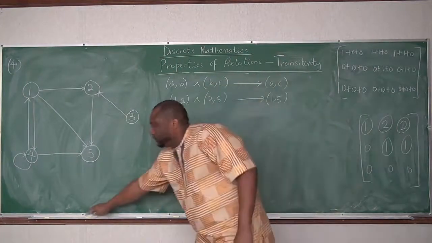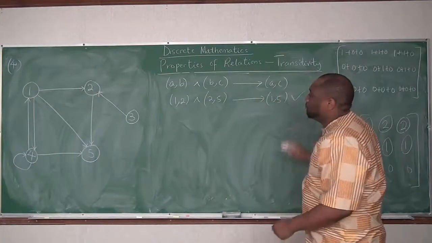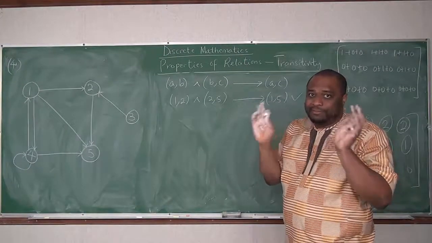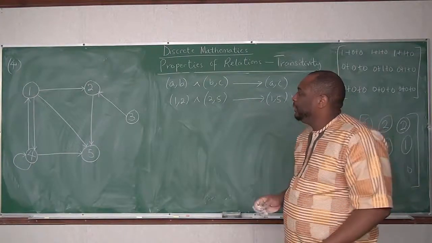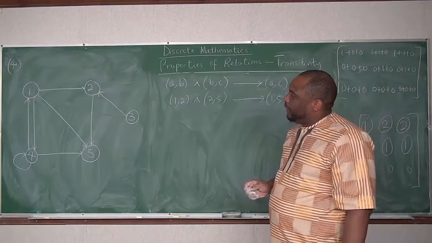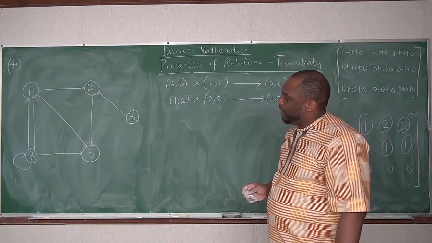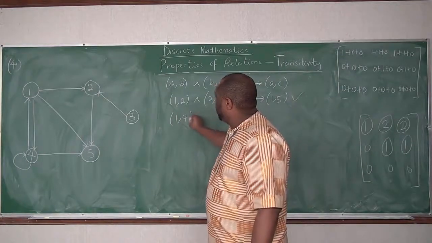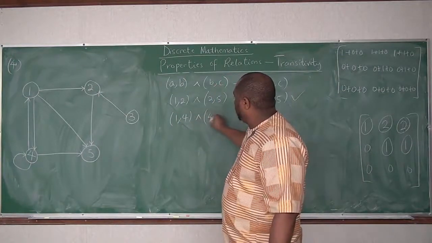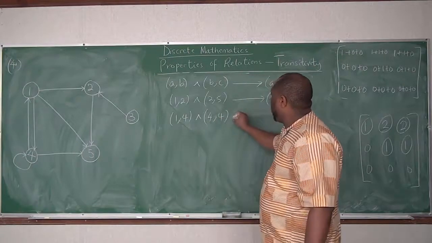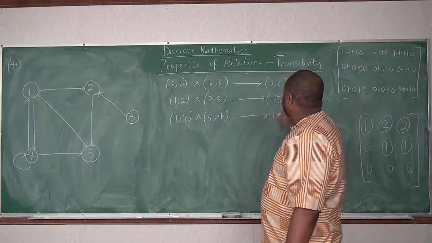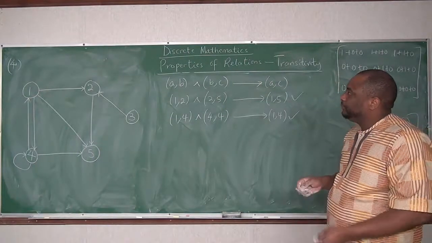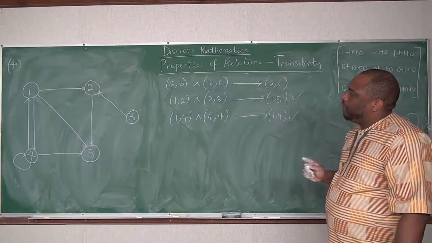Okay, I will use yellow chalk. This works, no problem. Remember, it has to work. If we identify it, it must work, everybody. Then we have 1, 4, 4, 4. We have 1 to 4, and we have 4, 4, which is a loop. And we still have 1 to 4. That's fine. This works. We have 1, 2.